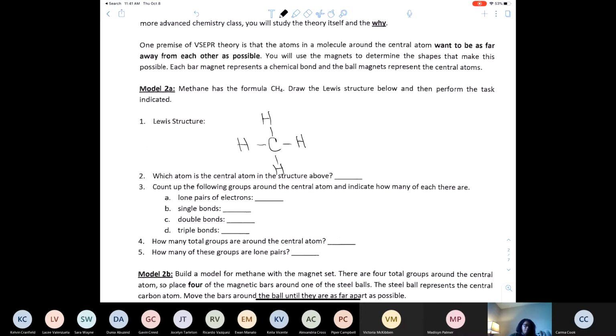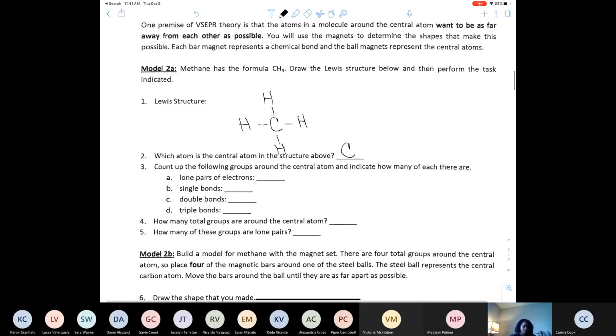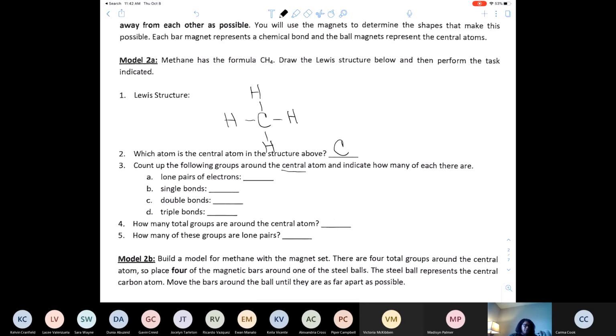We already said that carbon is the central atom, so now we're going to focus in on the central atom. Count up the following groups around the central atom.